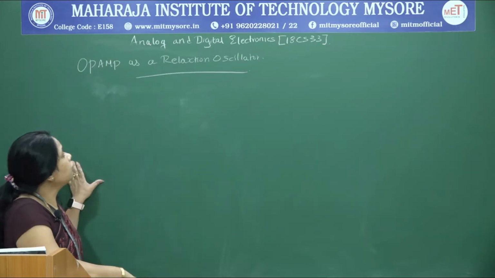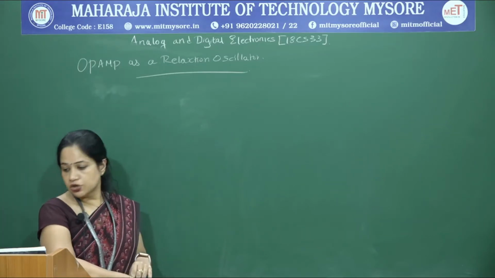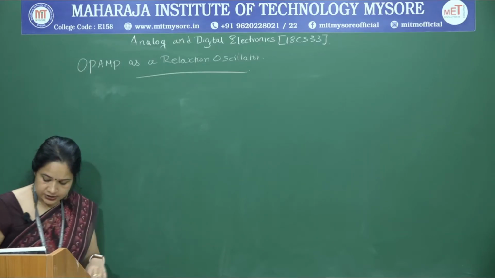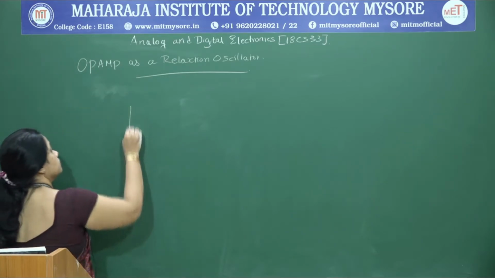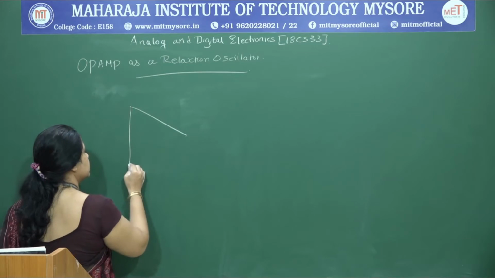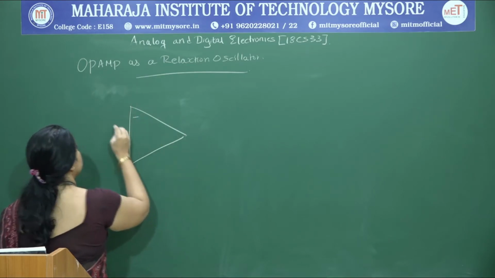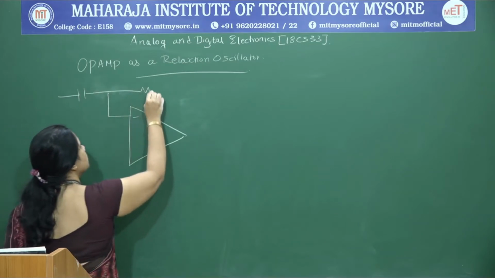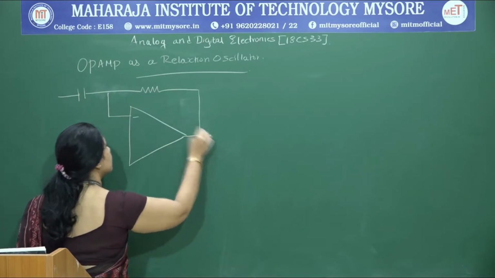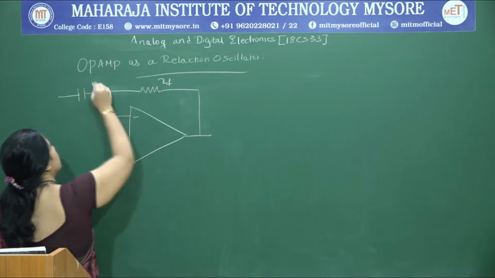So, the circuit of an op-amp relaxation oscillator is something like this. It uses regenerative feedback, and in the feedback circuit, along with the feedback resistance RF, I make use of a capacitor.